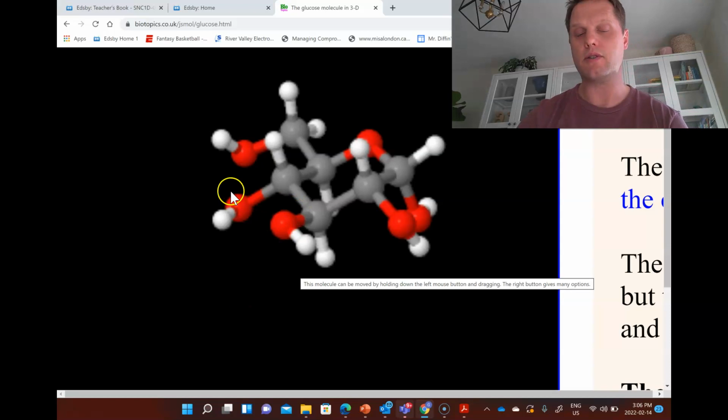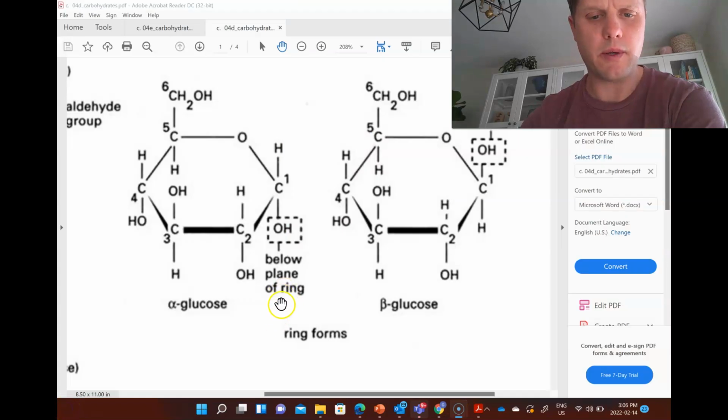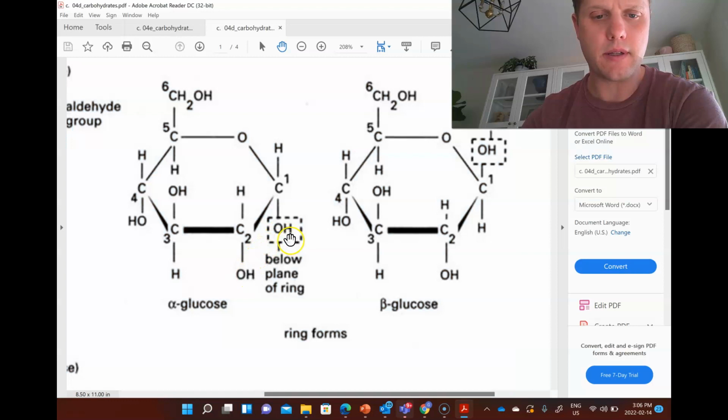Let's take a look at that structure we just looked at in 2 dimensions. If you recall, it was down, down, up, down. And then the CH2OH is always pointing up. So this is alpha glucose, what we were looking at.